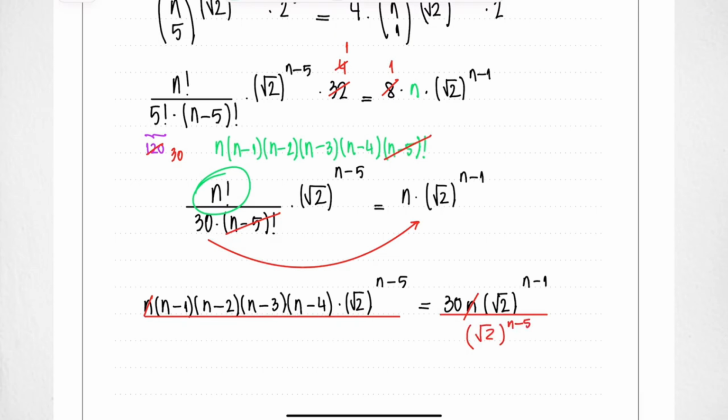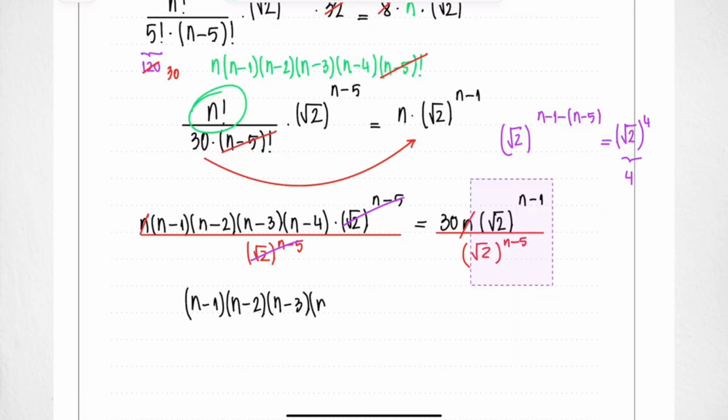That allows us to get rid of this, and given that we have the same base here, we can write root 2 to the n minus 1 over root 2 to the n minus 5 as root 2 to the n minus 1 minus n minus 5, meaning root 2 to the 4th power, which is equal to 4. So we have n minus 1, n minus 2, n minus 3, n minus 4 equal to 30 times 4, so 120.